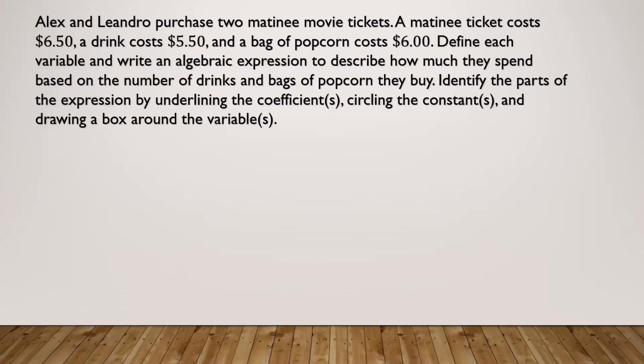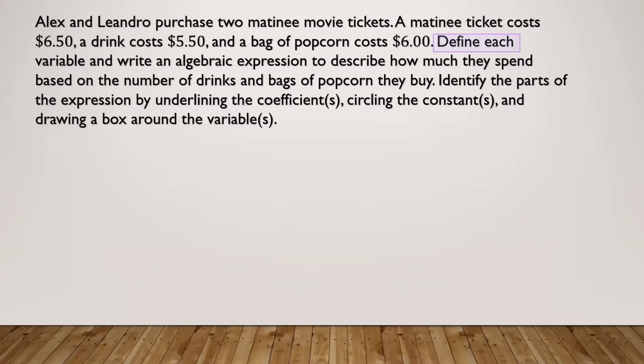Define each variable and write an algebraic expression to describe how much they spend based on the number of drinks and bags of popcorn they buy. Identify the parts of the expression by underlining coefficient, circling constant, and drawing a box around the variables. Wow, there's a lot there.